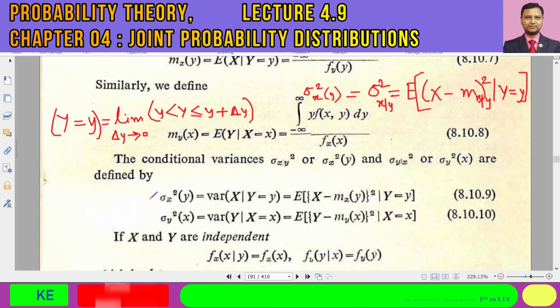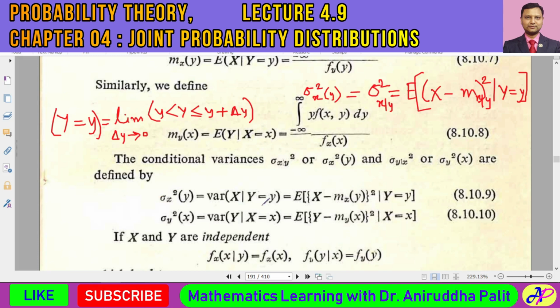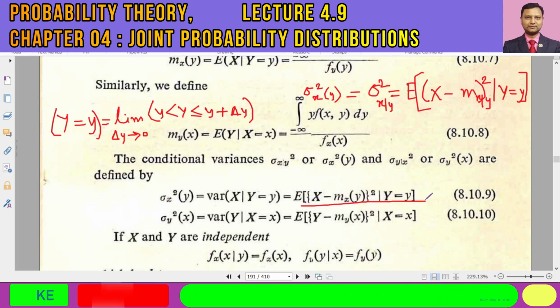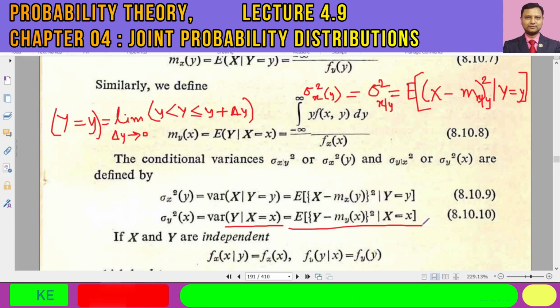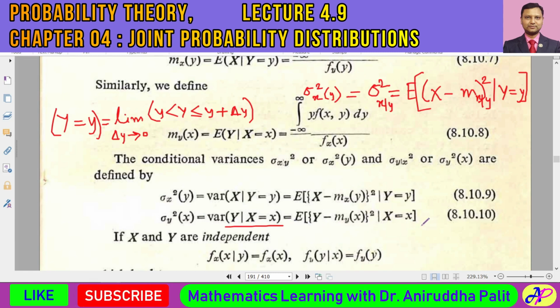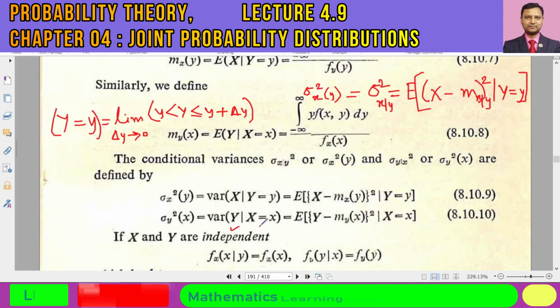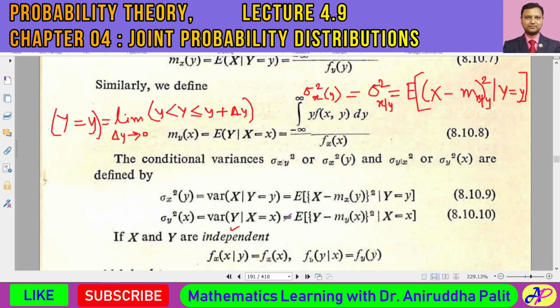So we have this type of notation, sigma square X(y), that is actually the conditional variance of X given Y equal to small y. So this is the definition of the conditional variance of X given Y equal to small y. Similarly, we can define the variance of Y given X equal to small x. This is actually the definition of the conditional variance of Y given X equal to small x.